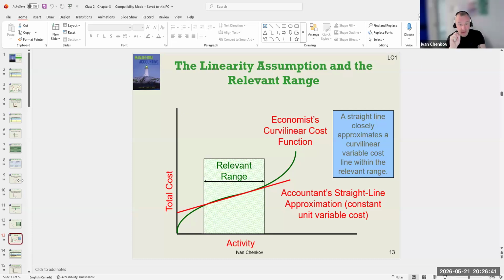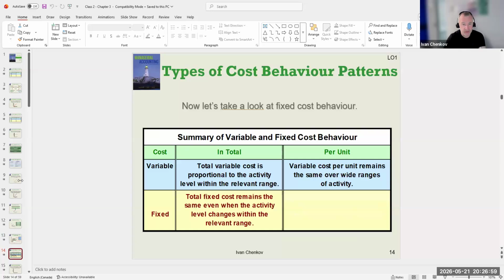So again, for the relevant range, we need to be able to predict the cost by using a formula. That's why we're chasing where the costs behave as a straight line. Find the formula, apply it and predict the cost. Fixed cost. Fixed cost in total remains the same, always, within the relevant range.